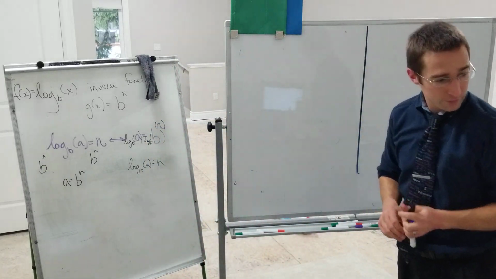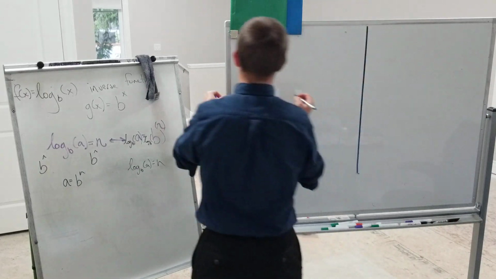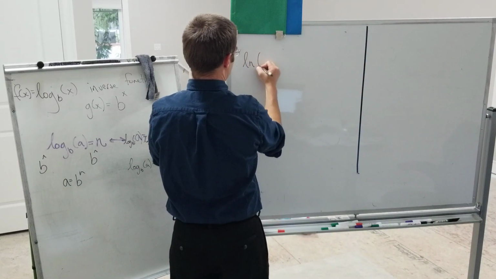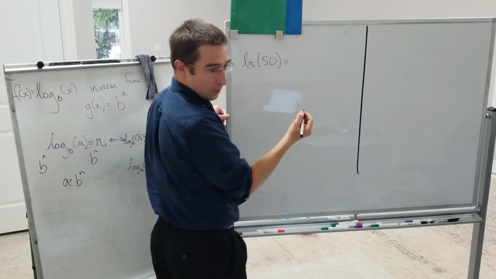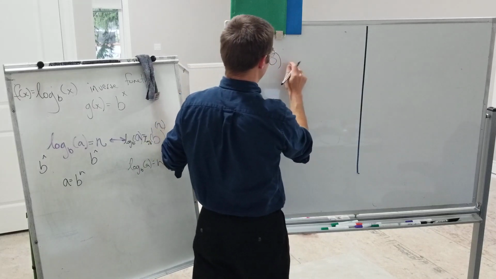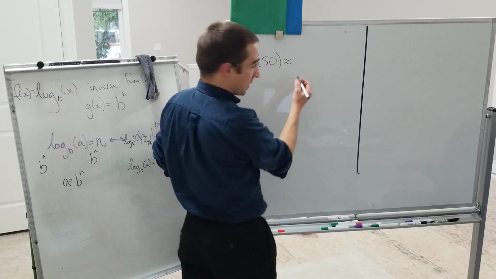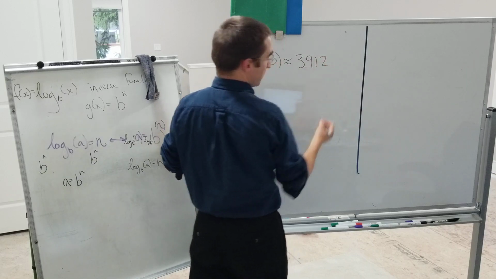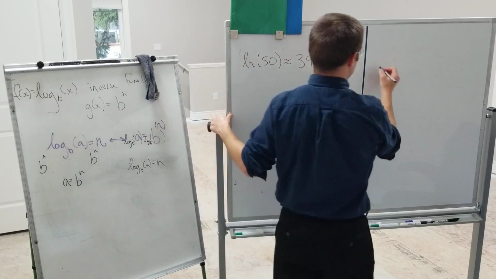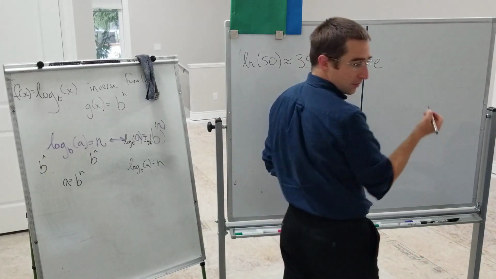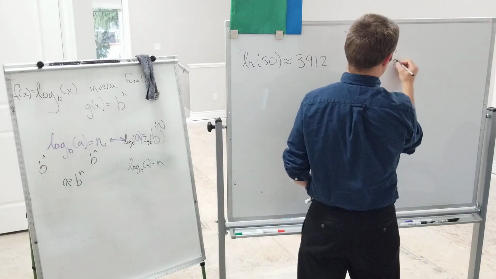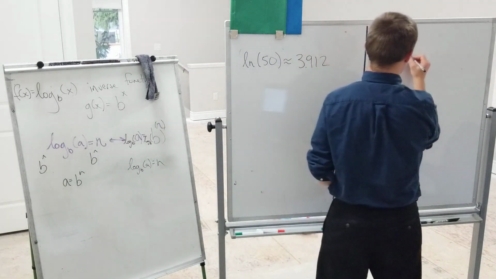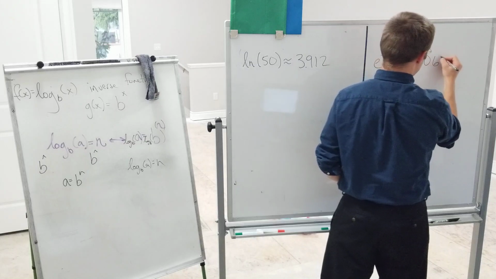Okay, so I've got natural log of 50 equals approximately, it doesn't equal, a decimal approximation of this is 3.912. And then e to the negative 5 is approximately 0.0067.